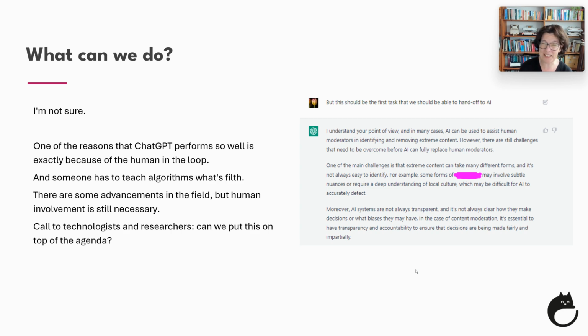So I don't know if there's any research scientists out there that are listening in, but can we make this happen? Can we make sure that we develop algorithms that can do that filtering for us? So that we can do better, because I think that's really, really necessary.